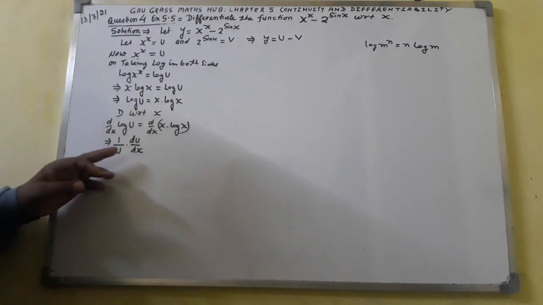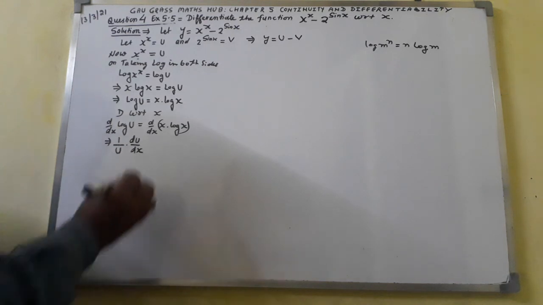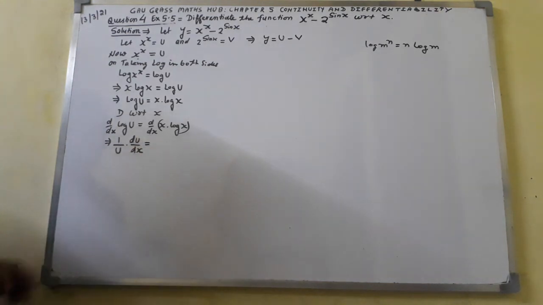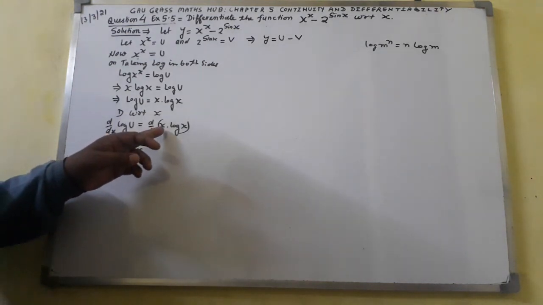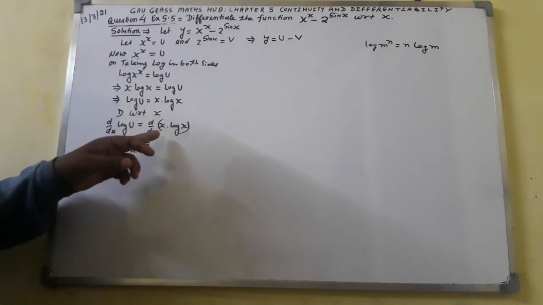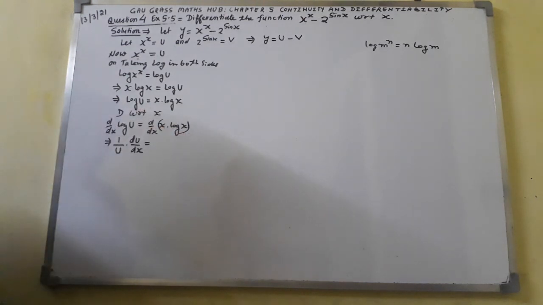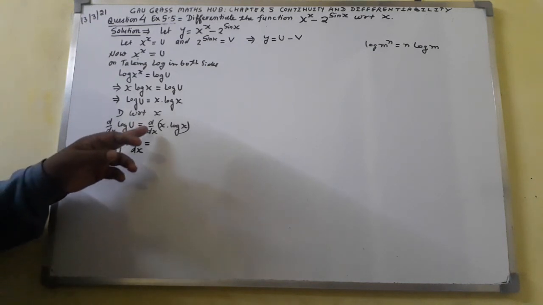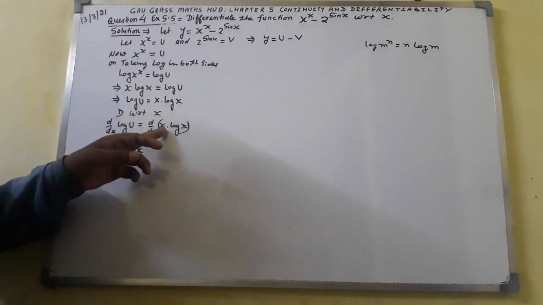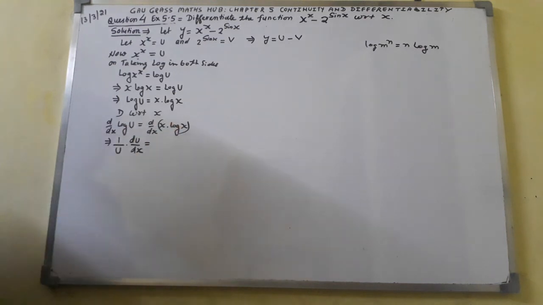1 over u dot du over dx equal to, here you can see x dot log x. Two functions are multiplied here. First function x, second function log x. So here I shall apply d over dx of x dot log x. Here we shall apply product rule.